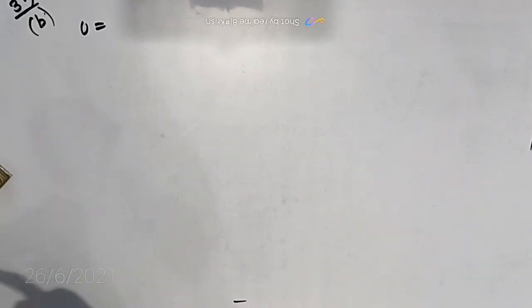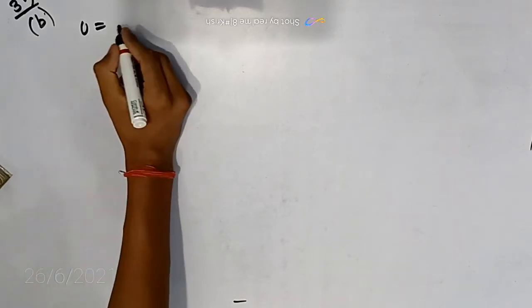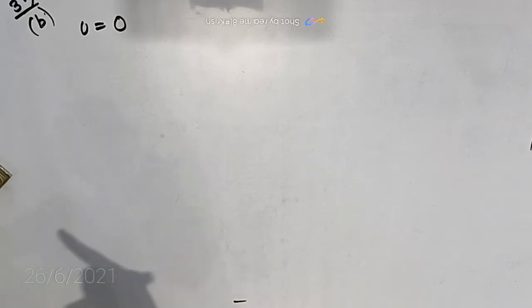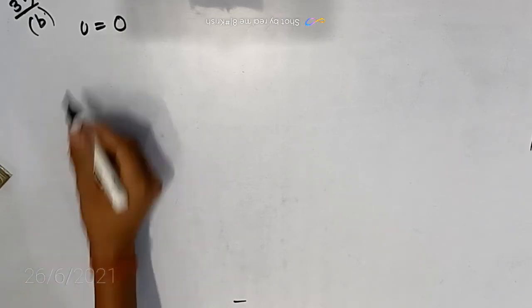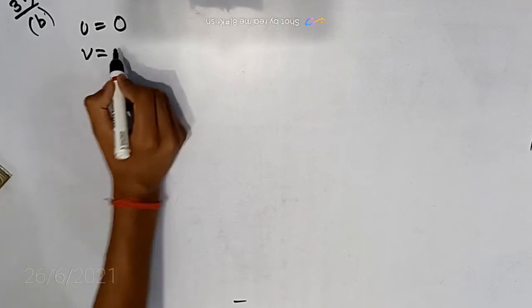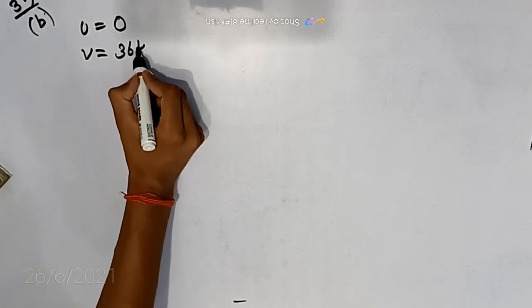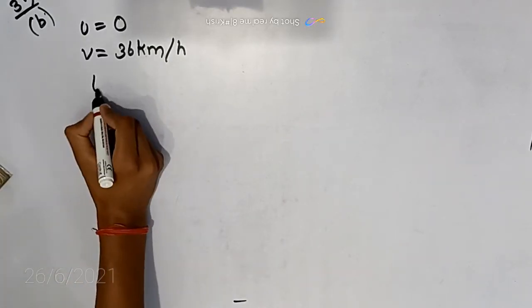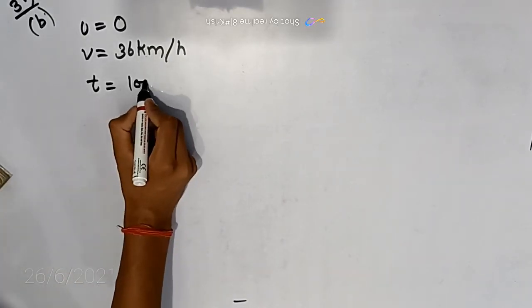A train starting from a stationary position means its u will be 0, and it was moving with uniform acceleration, attains a speed of 36 km per hour in 10 minutes. Its time is given in 10 minutes.